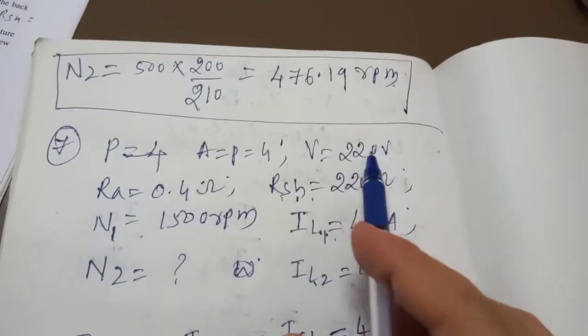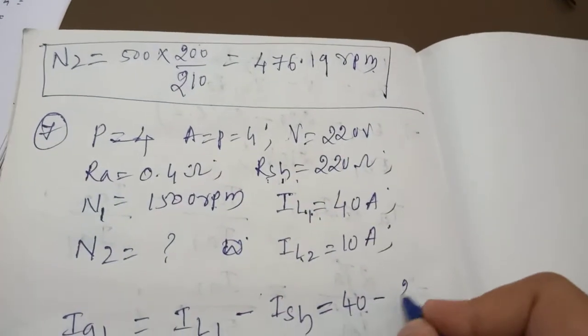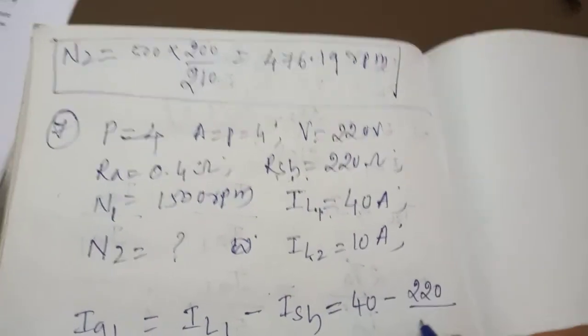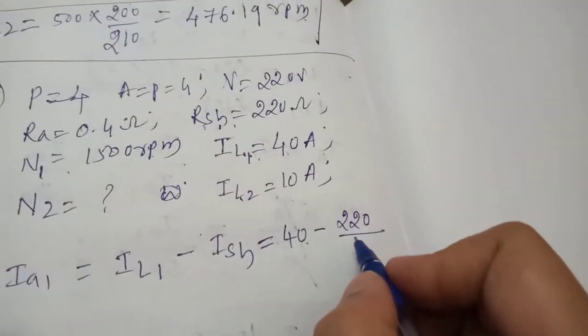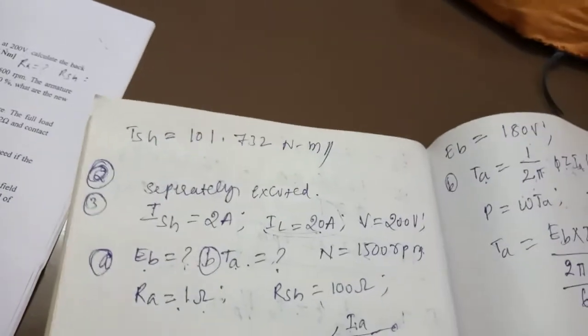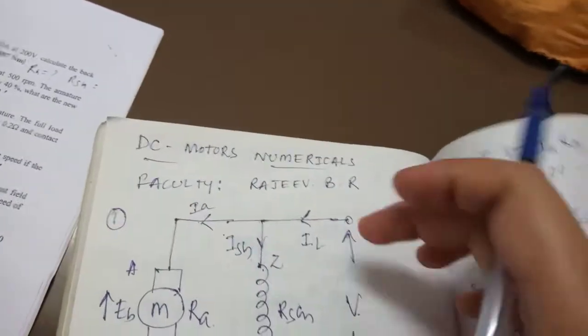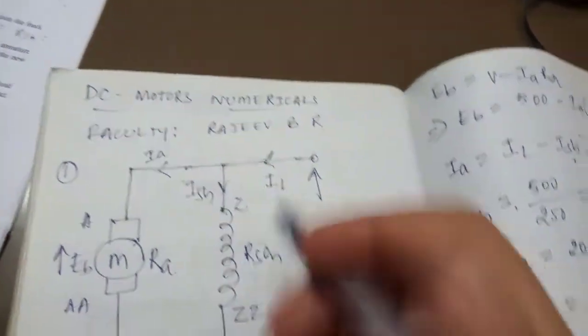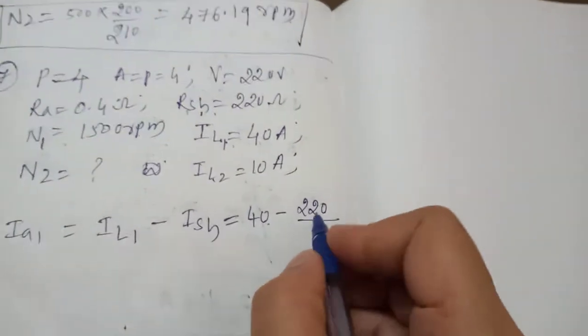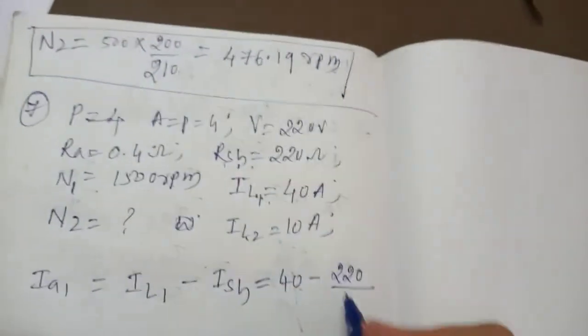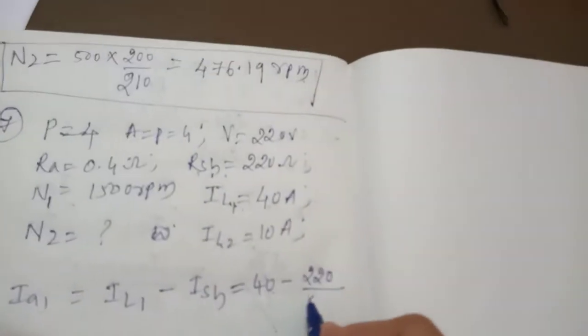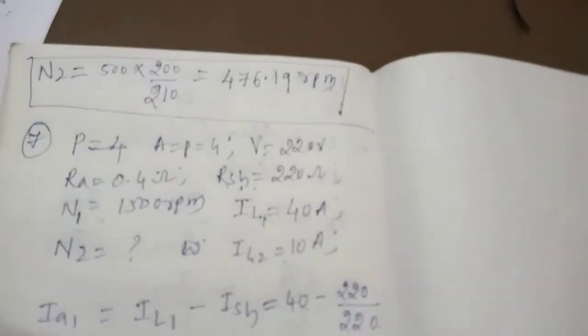ISH is V by RSH, that is the current flowing through the shunt field. So 220 divided by RSH. RSH is 220 itself.